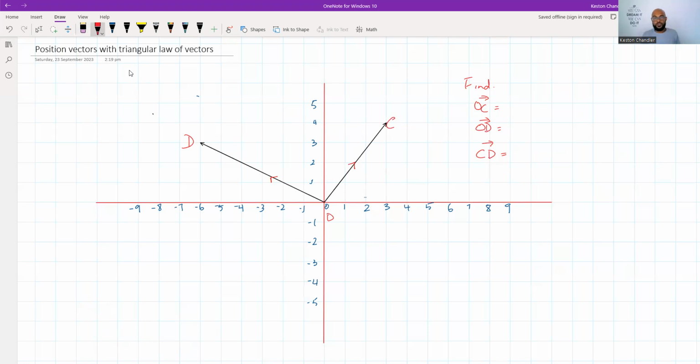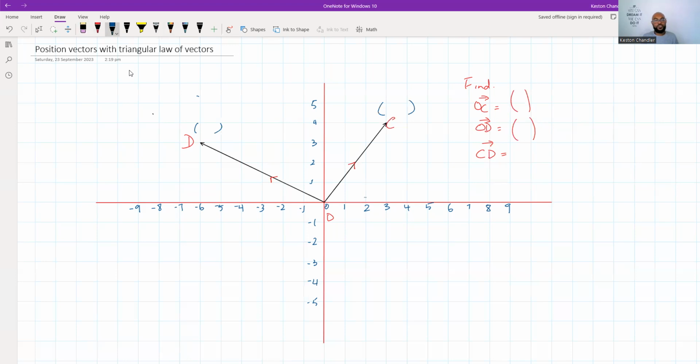Right, Julia. So you can find OC for me, because you did that today. What would OC be? And find OD for me. So these two you could find because we did that today, OC and OD. All you need to do is look for endpoints here. Get the front column. Endpoints here.